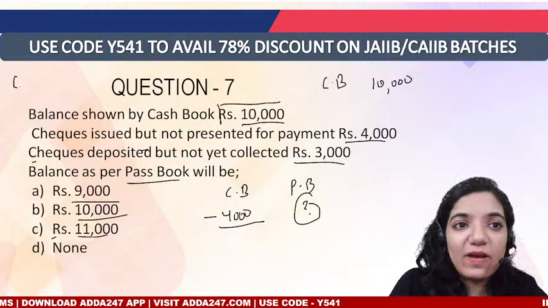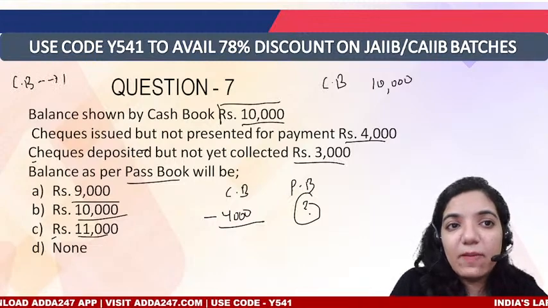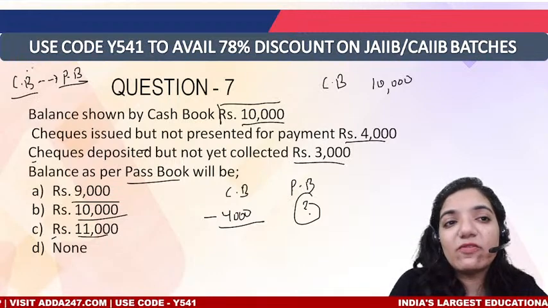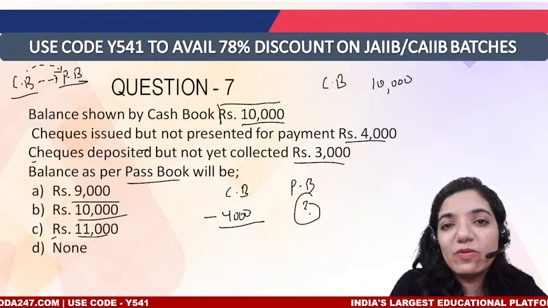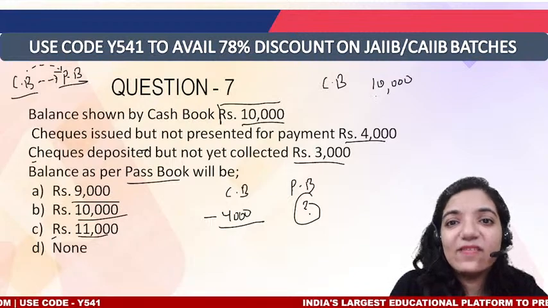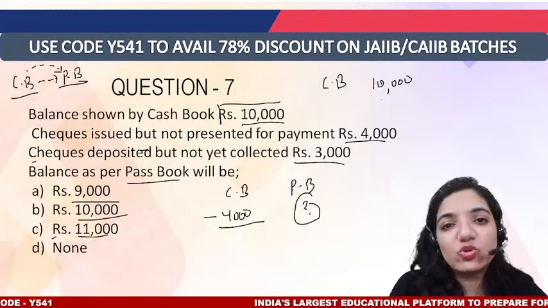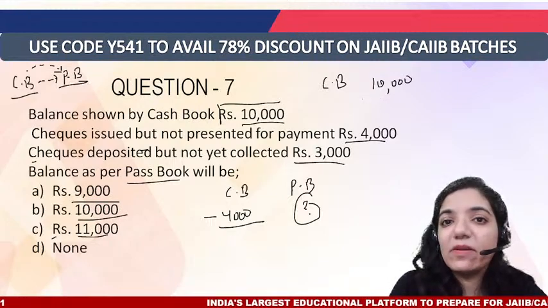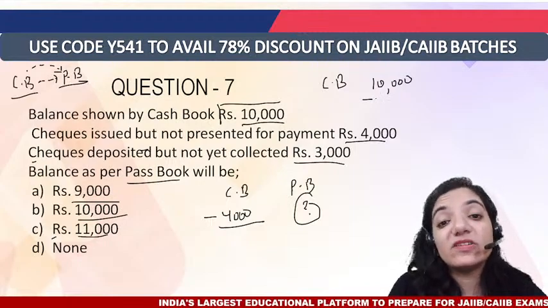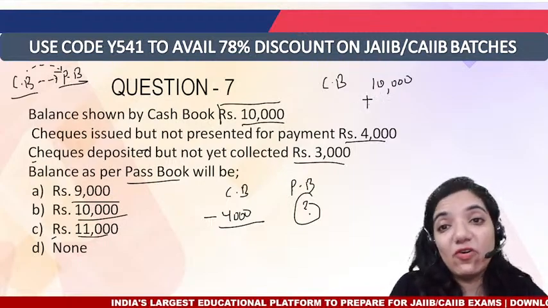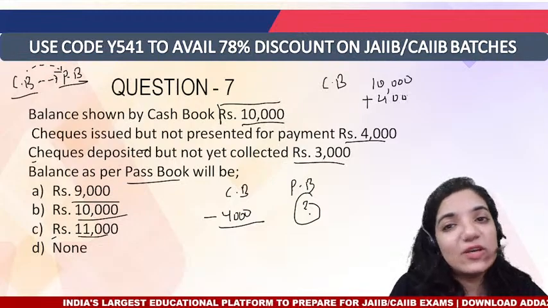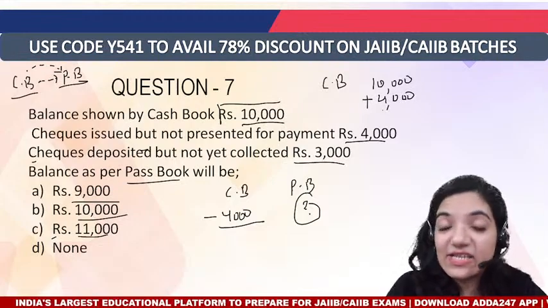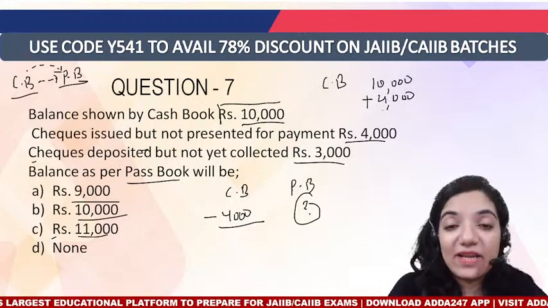This cash book balance wants to go to the passbook balance, isn't it? Now once they are moving from cash book to passbook, what will we do here? Now, this 4,000, this is check issued but not presented for payment. This 4,000 is not presented yet. That means if we have thought that we have lost this 4,000, we haven't lost it yet. This person hasn't taken out the money yet.